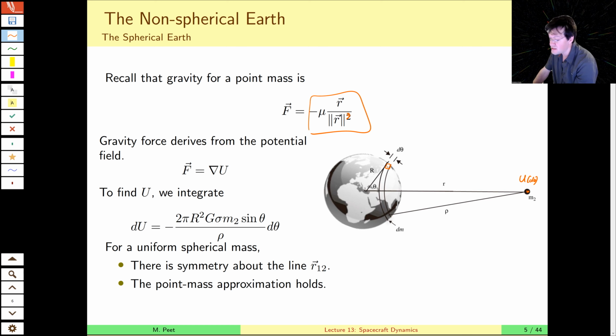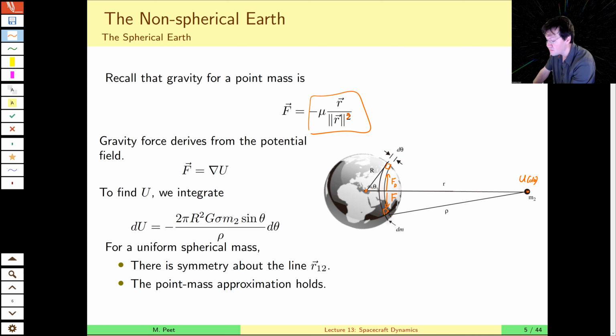And because the sphere was perfectly uniform in our assumption, when we integrated over the entire sphere, the effect of the force perpendicular to this center Earth satellite line canceled out.